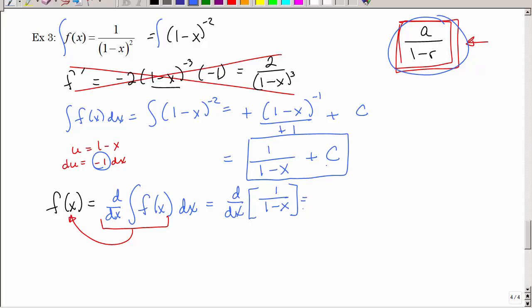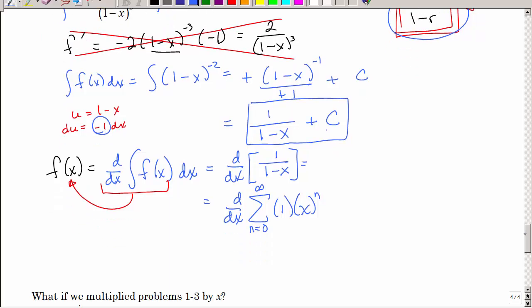How could I do that? Again, I need that as a power series. So I'm going to rewrite 1 over 1 minus x as a power series. A is 1, r is x, and I need to take the derivative. Now remember, initially this was from 0 to infinity. When I take the derivative, I have to be really careful.